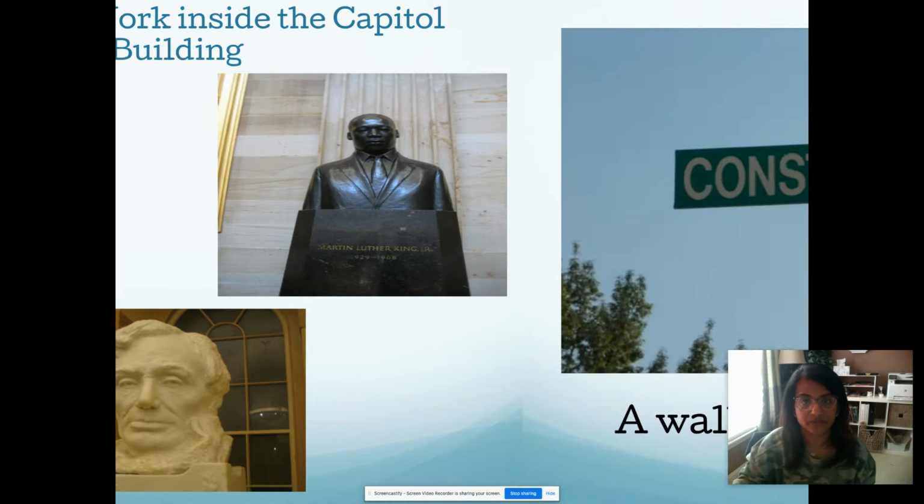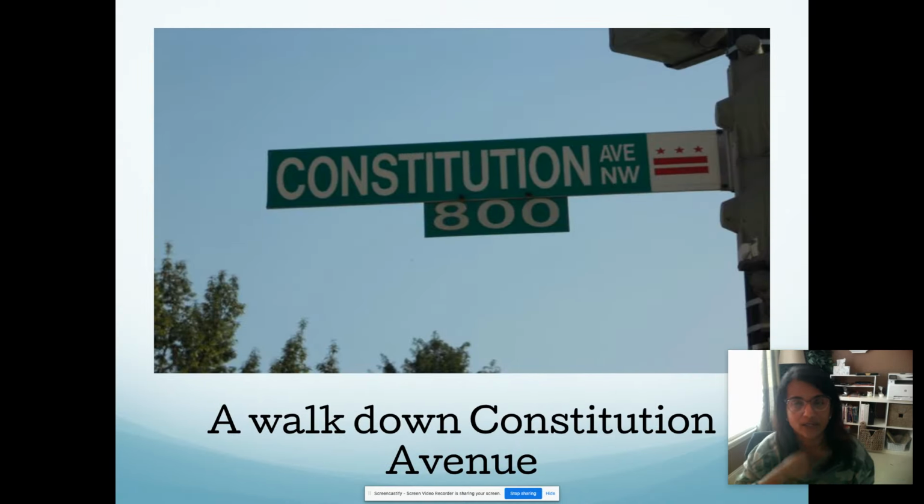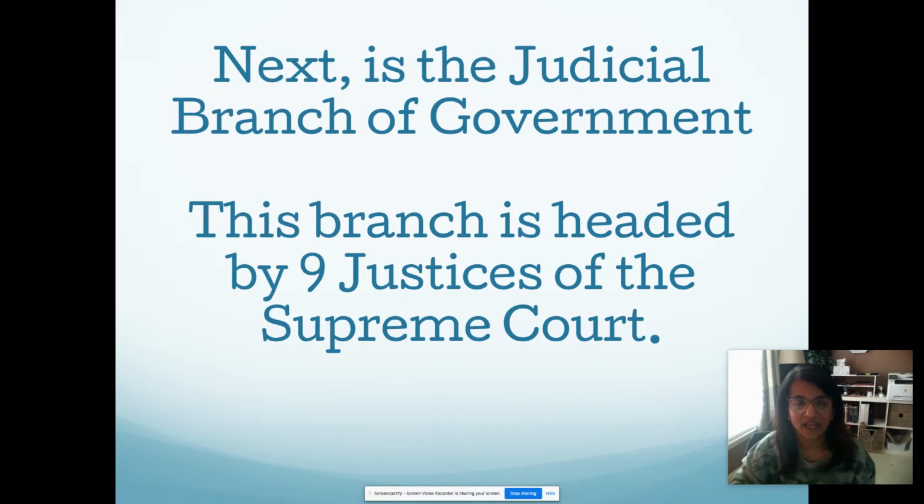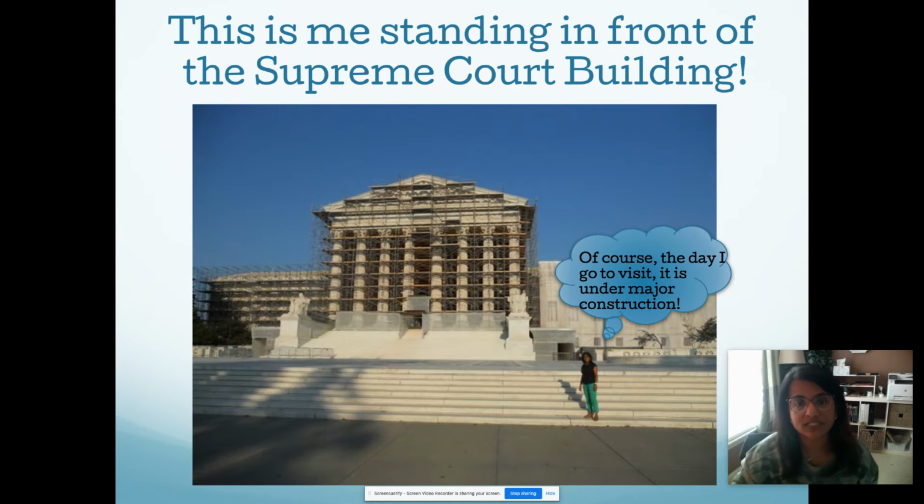Is that cool? And then I walked down Constitution Avenue. Perfect name, right? 800 Constitution Avenue. And then I found the judicial branch of government. So this is where our Supreme Court justices work. There are 9 of them. Of course, the day that I went, they were under construction.